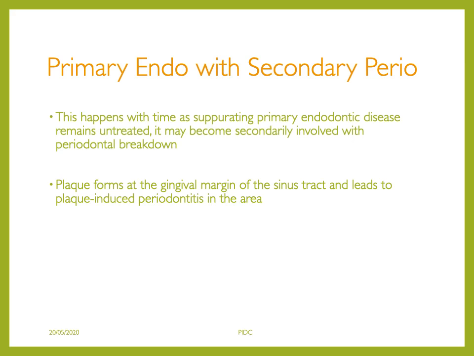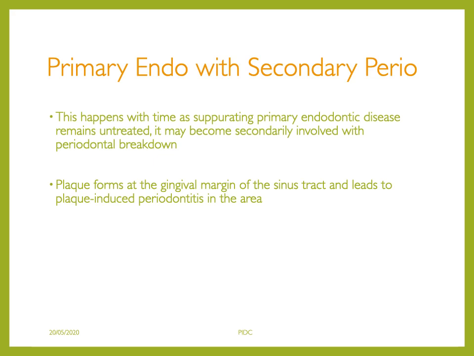So coming to primary endo with secondary perio. You remember what is primary endo? Just a primary problem of endodontic lesion evolving around the gingival sulcus. Whereas when a suppurative primary endodontic disease remains untreated, it may become secondarily involved with periodontal breakdown.